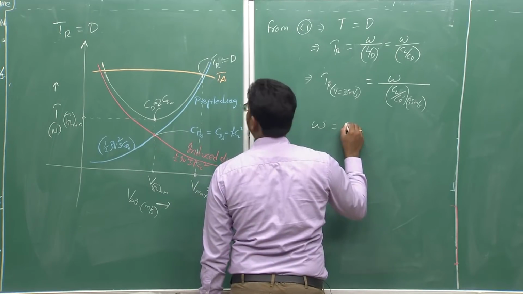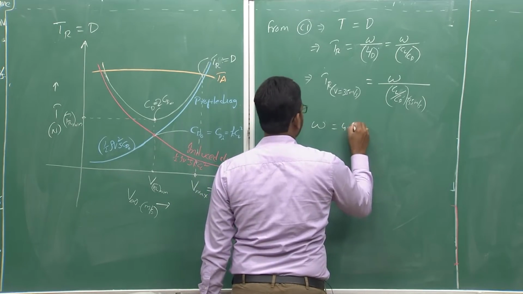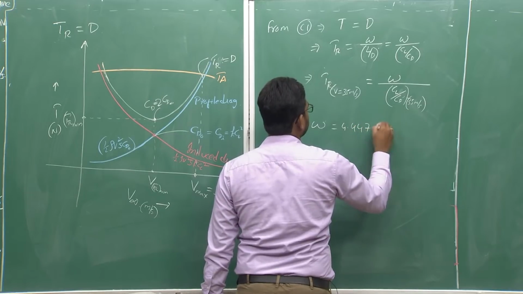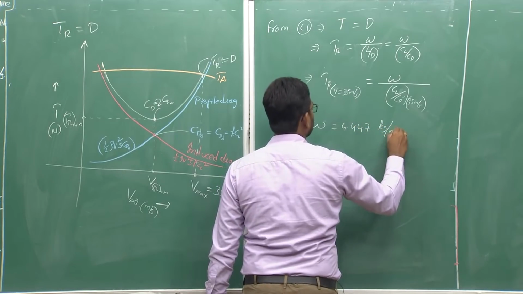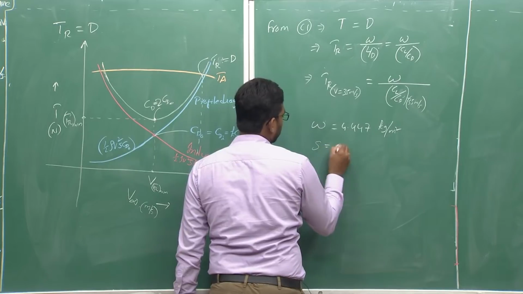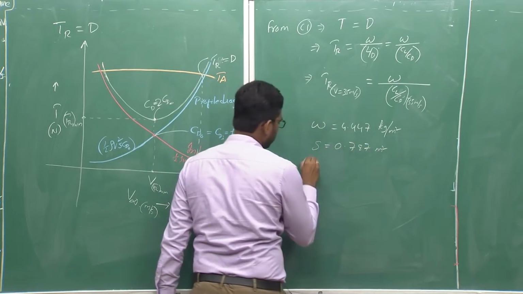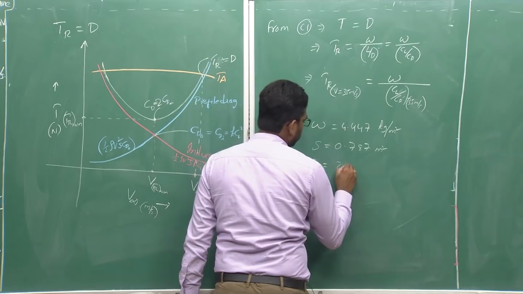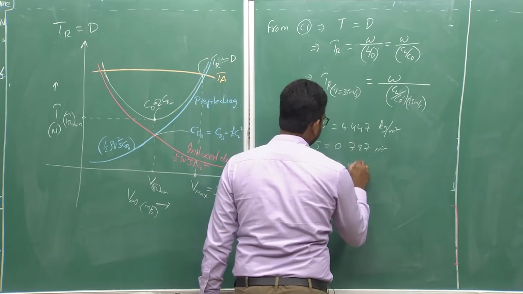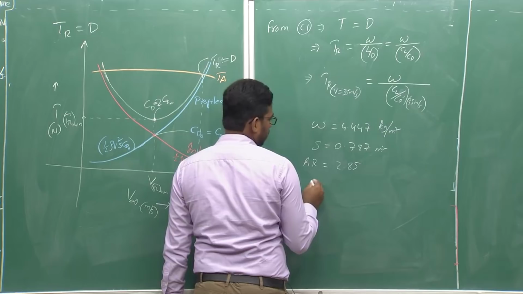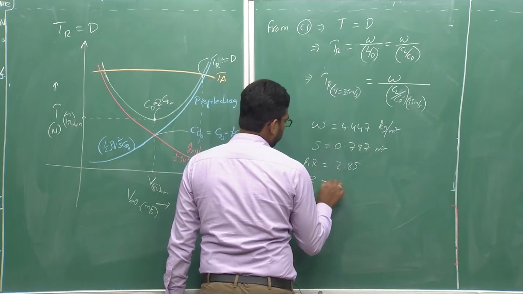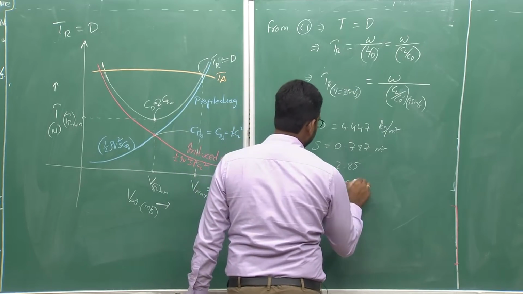The wing loading here is 4.447 kg per meter square, and the area we figured out as 0.787 meter square, and aspect ratio is 2.885, and Oswald's efficiency is given as 0.686.